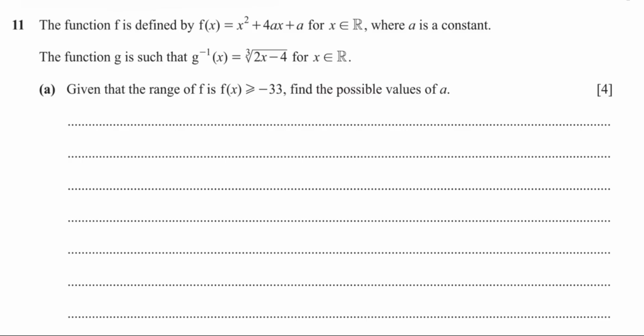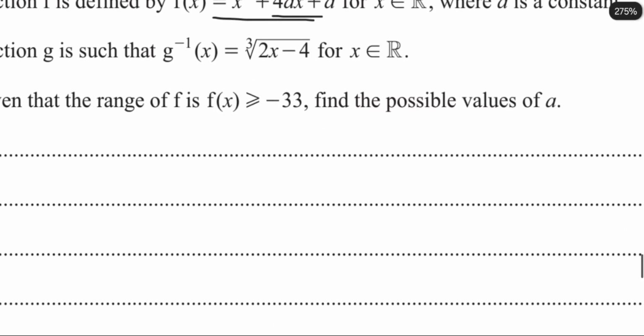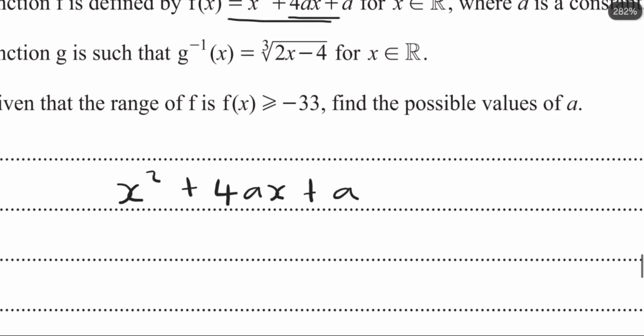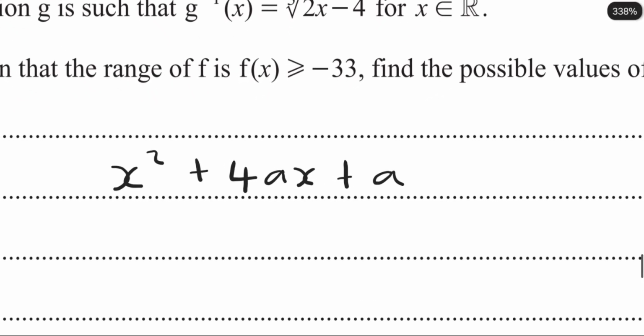values of a. For this, we're going to be using the expression for f of x. We know from the question that f of x is x squared plus 4ax plus a. For us to be able to deduce the range, we first need to express this in completed square form.